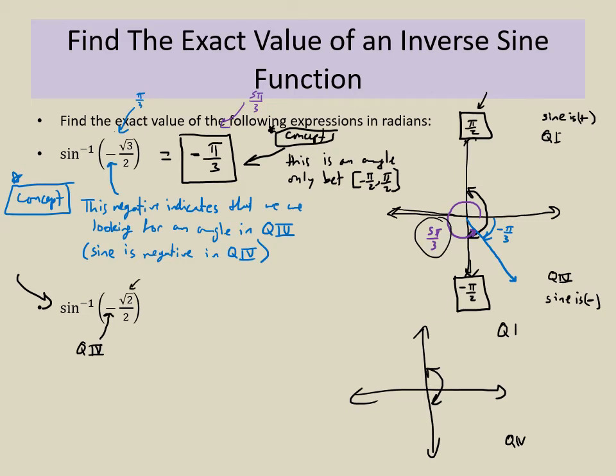What angle has sine square root 2 over 2? 45 degrees, or pi over 4. So that means our angle is this one right here, which is negative pi over 4. So the inverse sine of negative square root 2 over 2 is negative pi over 4, and that is our answer.